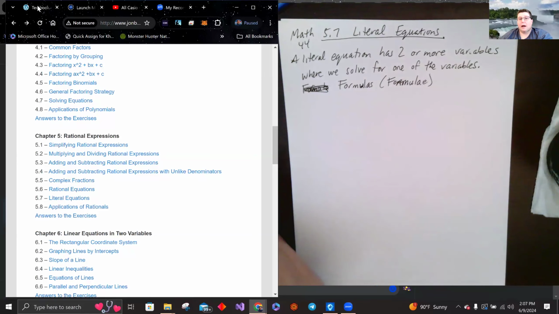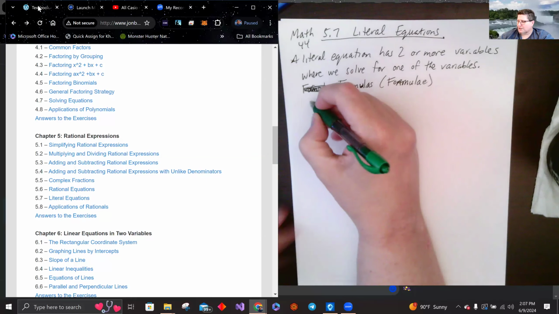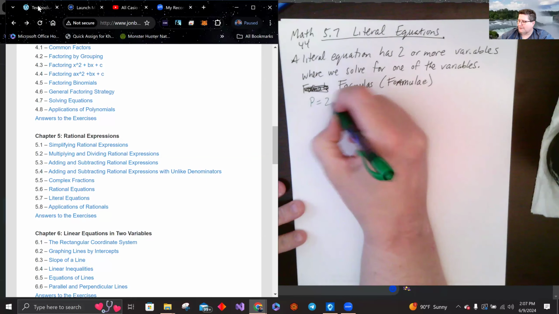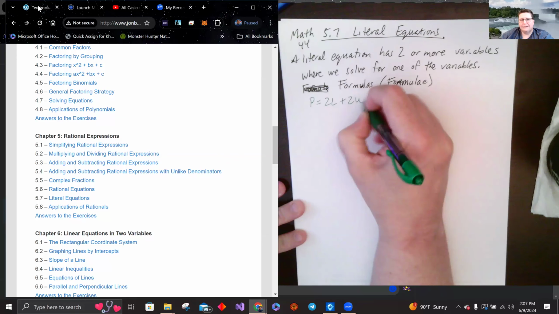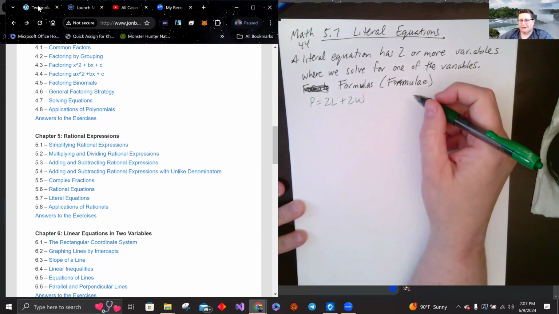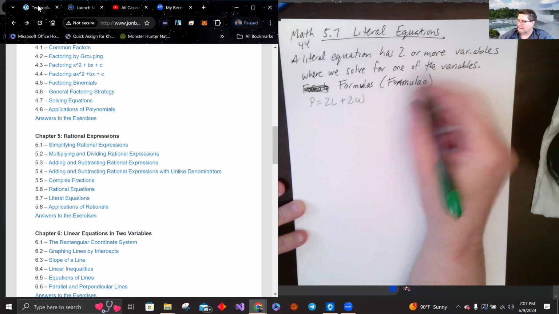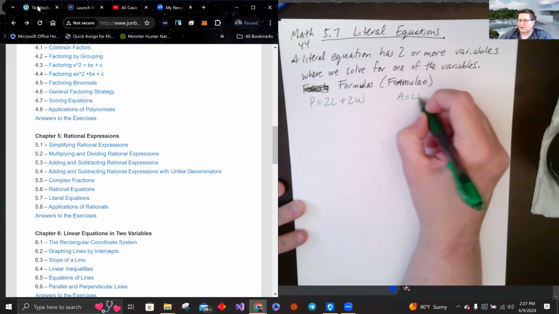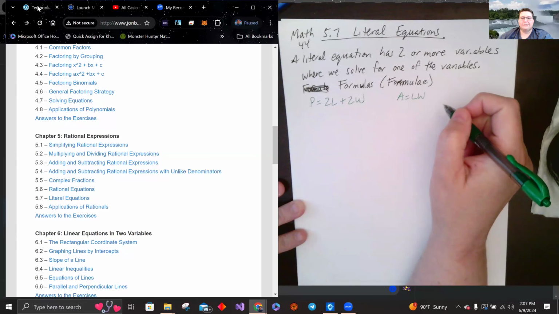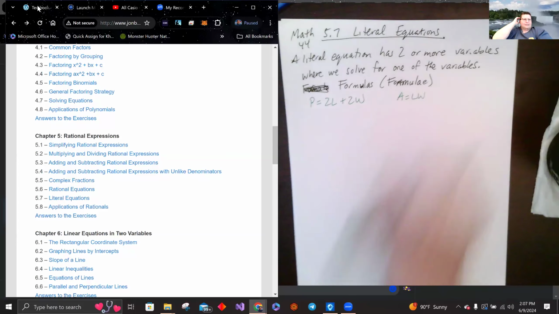Fun fact. We've seen them. You've looked at them. We've just used them in different ways. This should look familiar. That's the perimeter of a rectangle. Area of a rectangle has more than two variables in it. So you've seen a bunch of these before. All right.